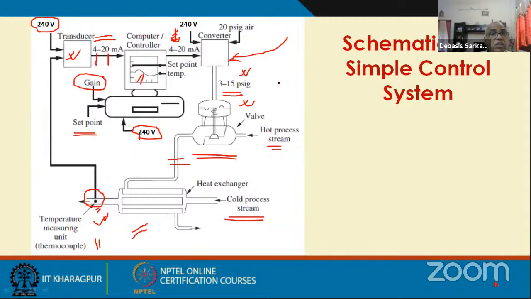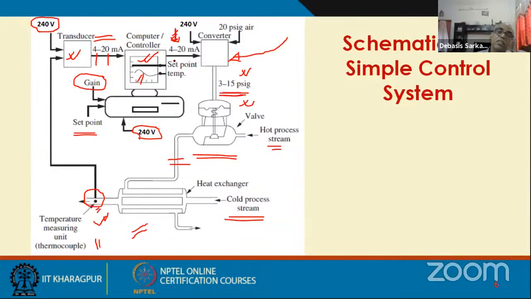So the same instruction that was sent by the controller or computer as a current signal in the range of 4 to 20 milliampere must be intact in the pressure signal in the range of 3 to 15 psig. This is done by this converter. So what kind of conversion is this converter doing? It is converting a current signal to a pressure signal. We call this an I to P converter.